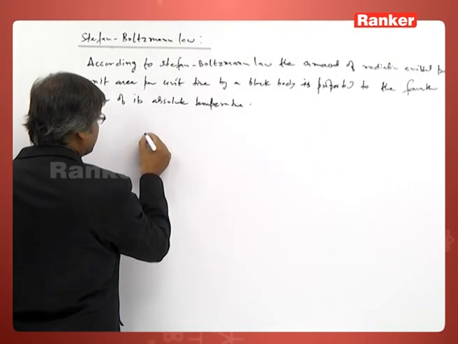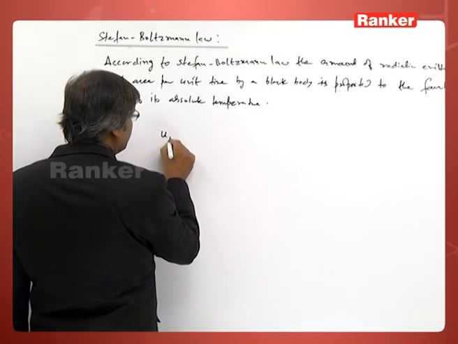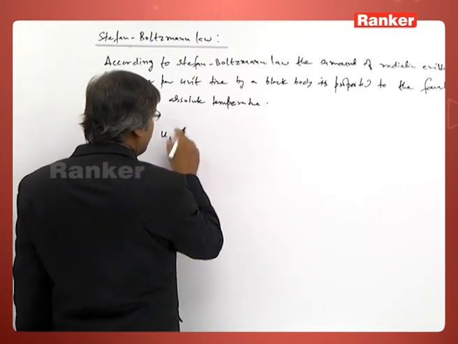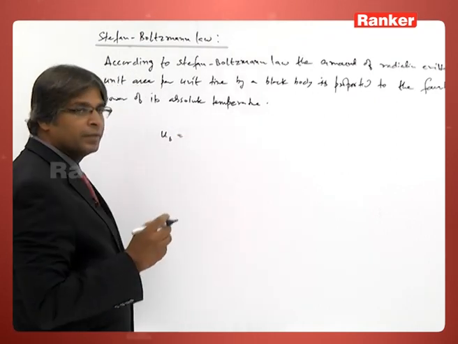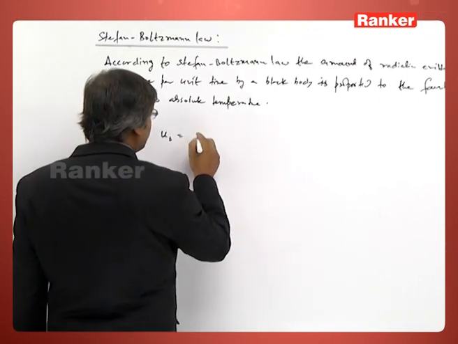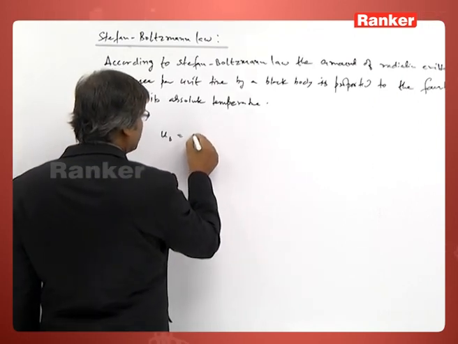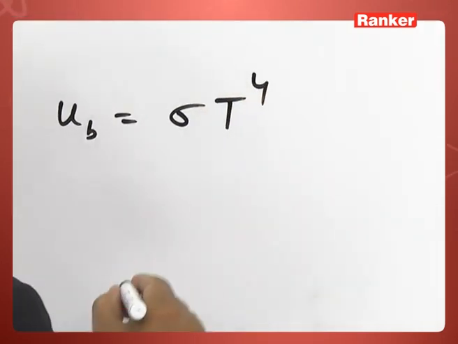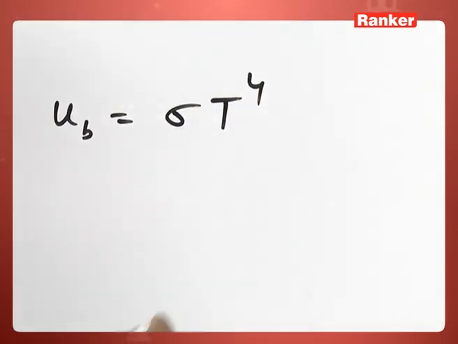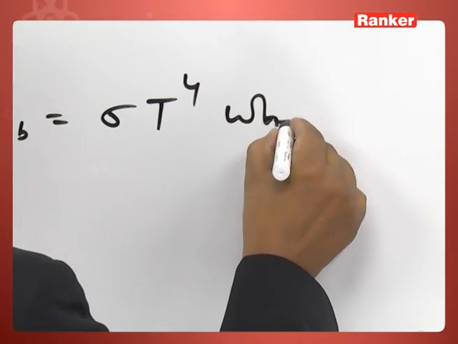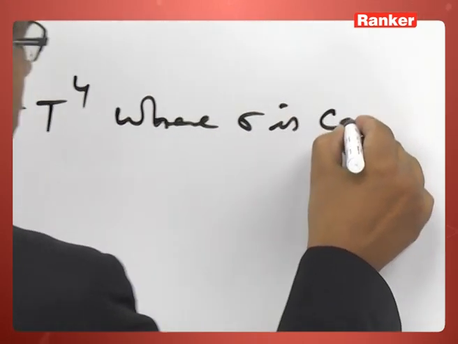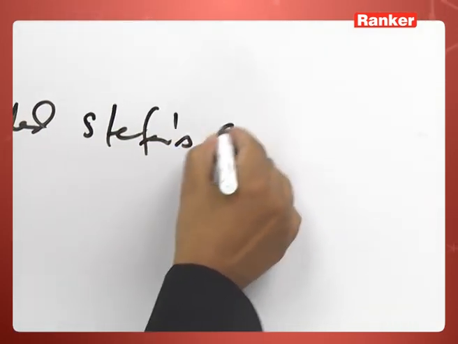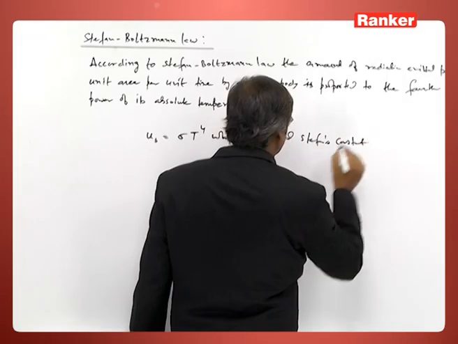So, we describe this as U for a black body, the amount of energy radiated per unit area, that is proportional; the proportionality constant is sigma T to the power 4, where sigma is called Stefan's constant.